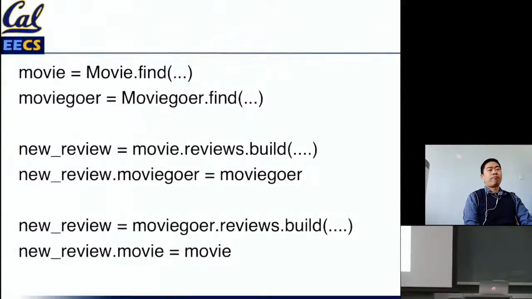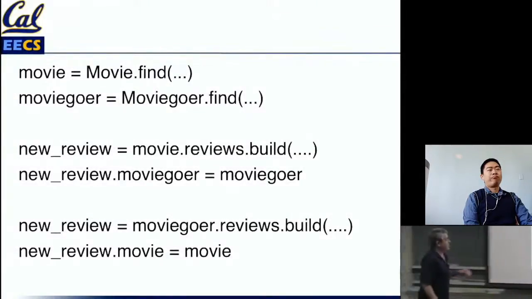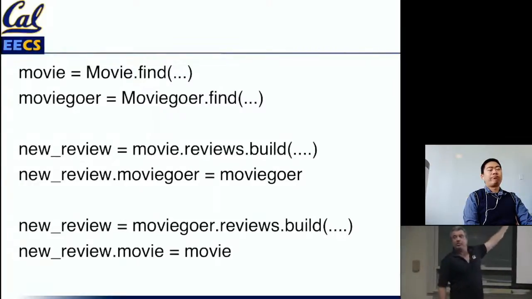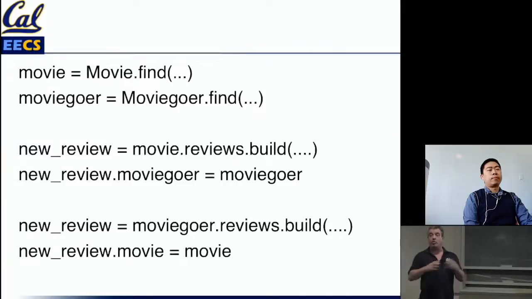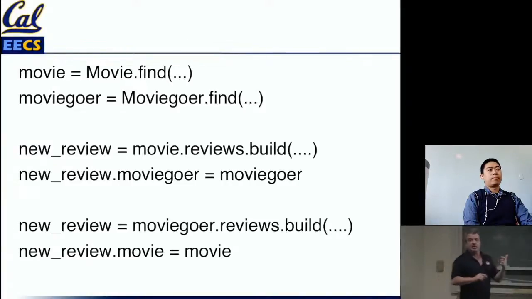OK, so as a follow-up answer to the question, what's the high-order bit of this slide? The high-order bit of the slide is manipulate objects, not IDs. Right? The purpose of the Active Record abstraction is to allow you to work with a graph of objects rather than wiring into your code the details of foreign key naming and stuff like that.